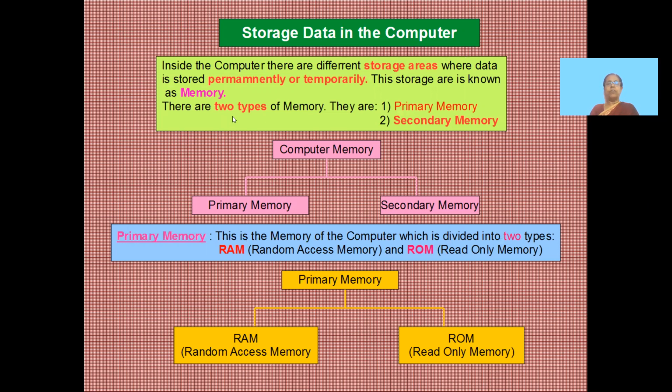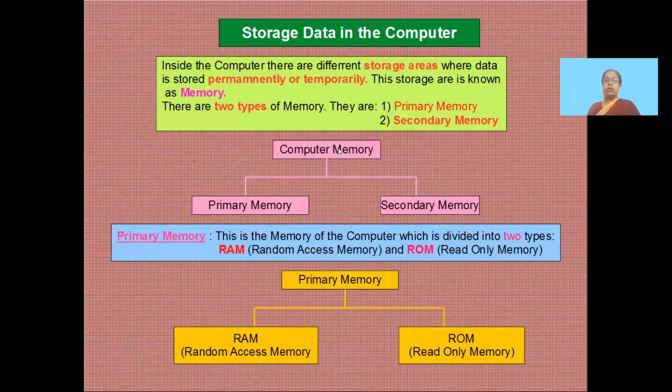In the computer, we have two types of memory. Actually, you have RAM and ROM, but on the whole we have the primary memory and the secondary memory.